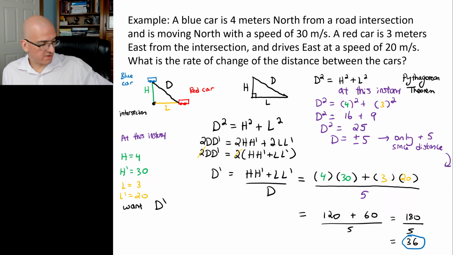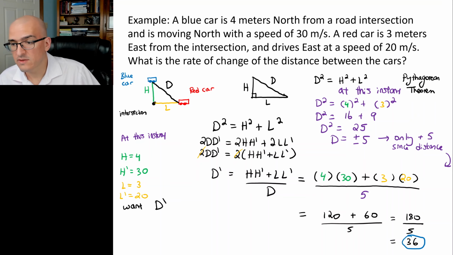So I'll give you a little bit of a hack for division by 5. Divide by 10 and then multiply by 2, especially if the number ends in a 0. Because dividing by 10 and multiplying by 2 is the same as dividing by 5. Just a little bit easier to think about. It's like a hack. That's it.